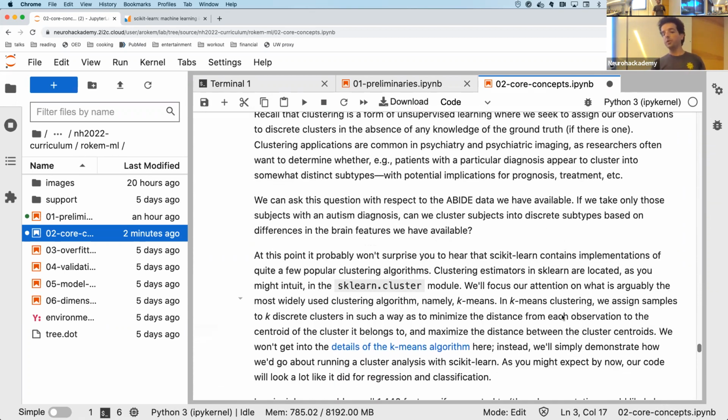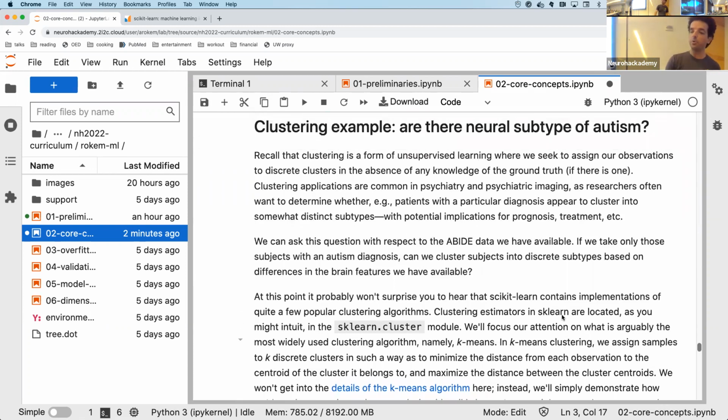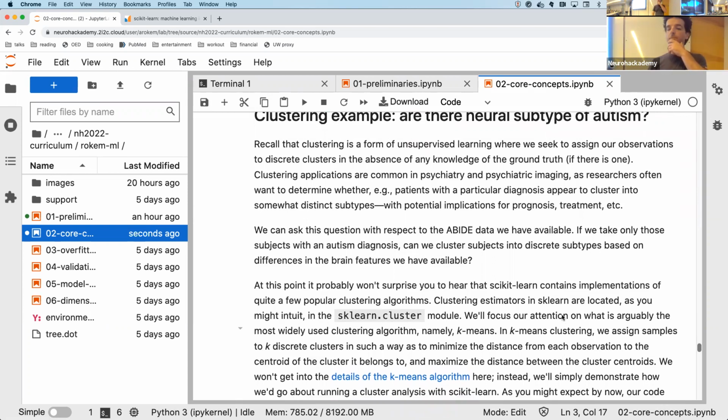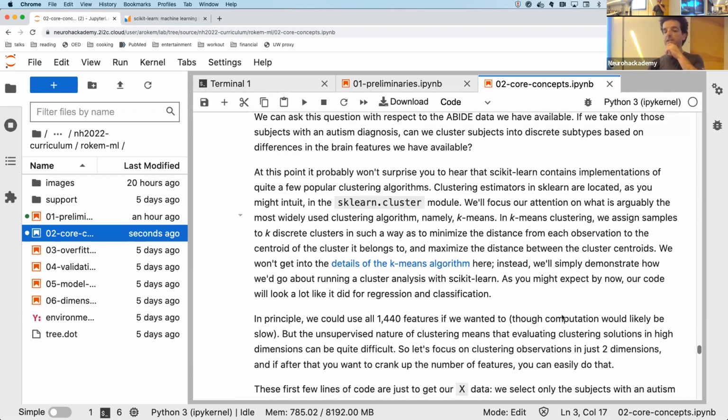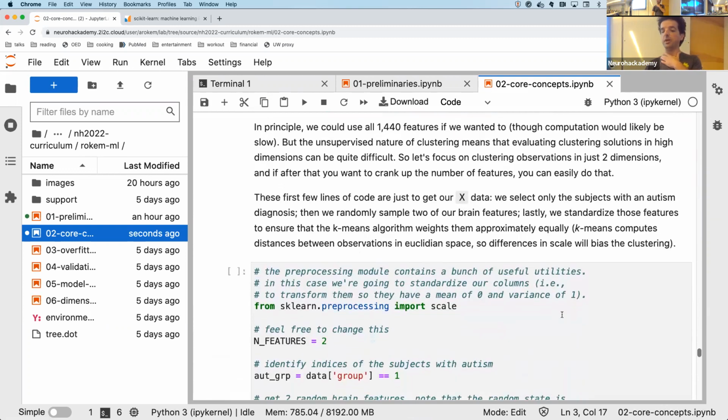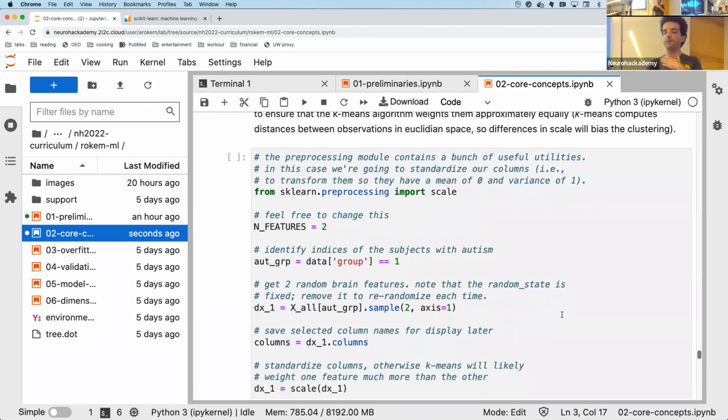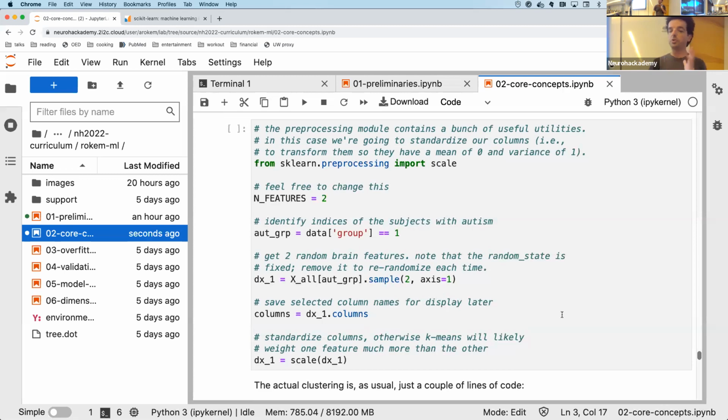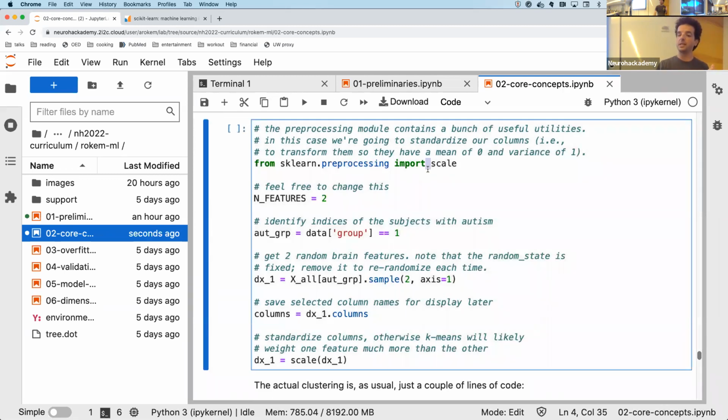Okay, so now another example to show you that even if your task is a clustering task, an unsupervised task, there's a very similar API. We're going to do some processing of the data here before this scaling.